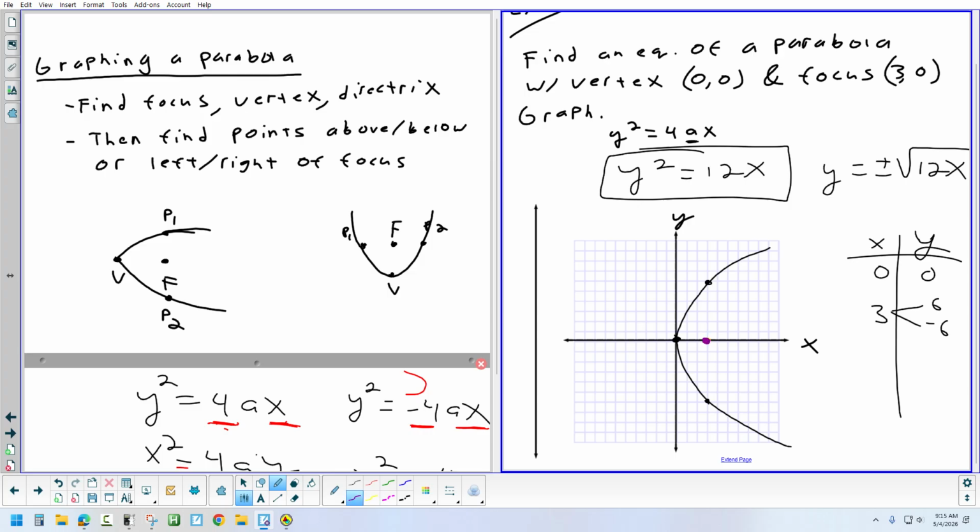The distance between that purple dot and the vertex has to equal the distance between the vertex and this black line. Okay, so that's 3 units to the left. The directrix would go right there. X equals negative 3. Hey, and is that something I might ask for? Yeah. I might ask you to describe the directrix. Okay. Any questions on that?